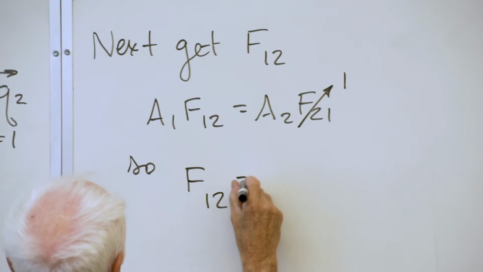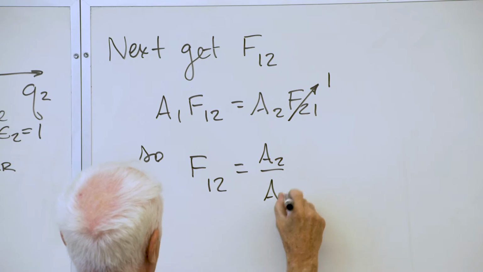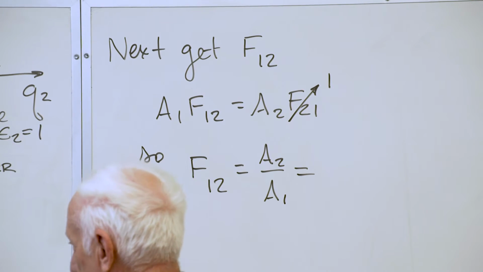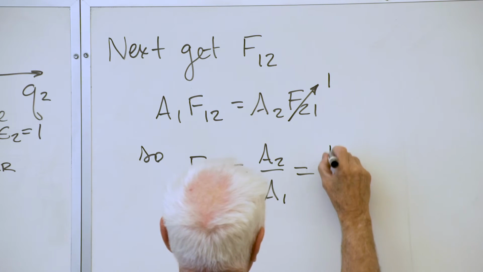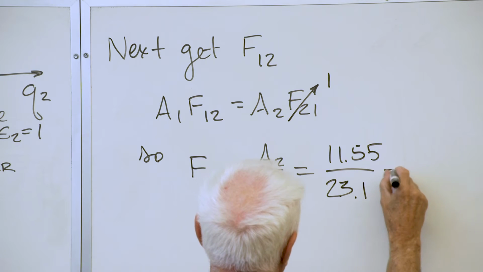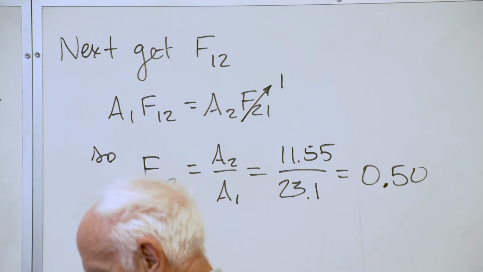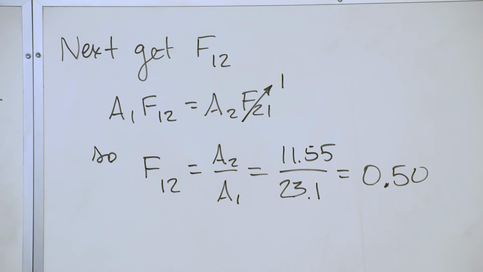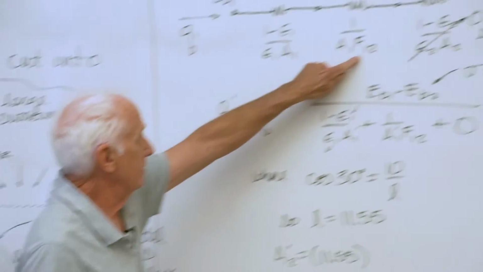So F12 is equal to A2 over A1. There they are there. 11.55 divided by 23.1. It's a half.